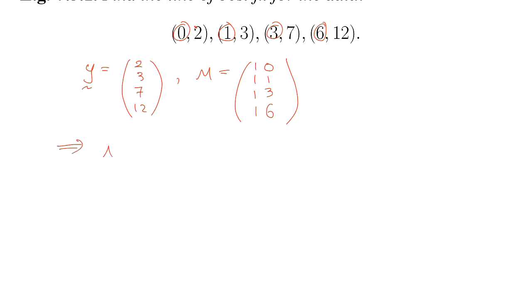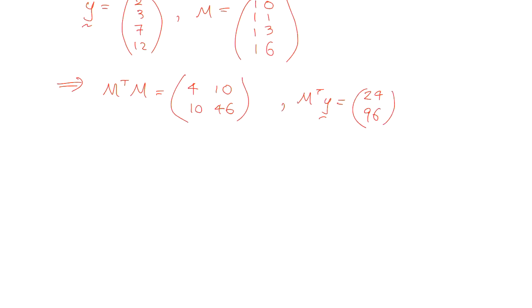Now it's just a question of doing some first year stuff. Your m transpose m, in this case, is 4, 10, 10, 46, which is symmetric, as it should be. And m transpose y is 24, 96.